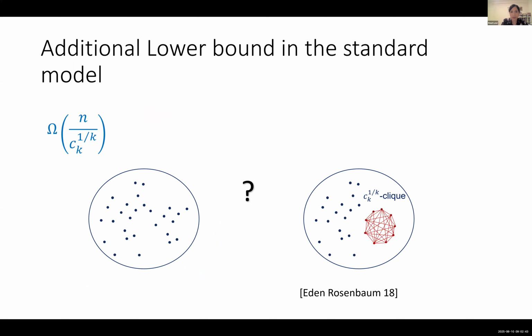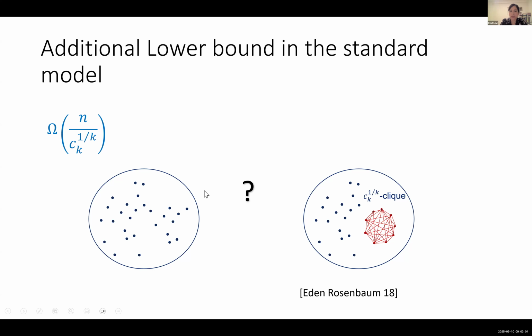In the standard model, we have an additional lower bound that goes by a hitting argument. So the hitting argument, the lower bound is omega of n over the number of copies to the power of 1 over k. And the lower bound goes as follows.